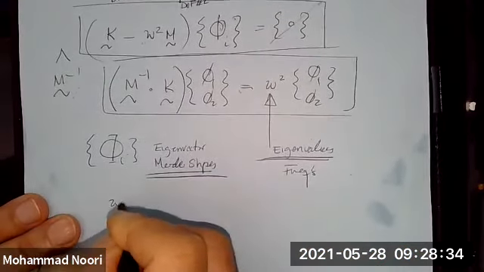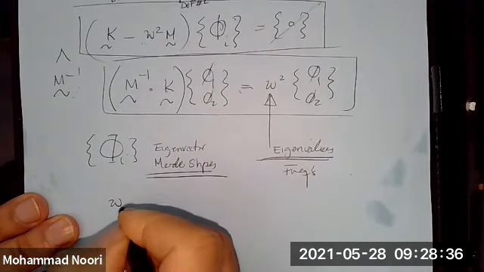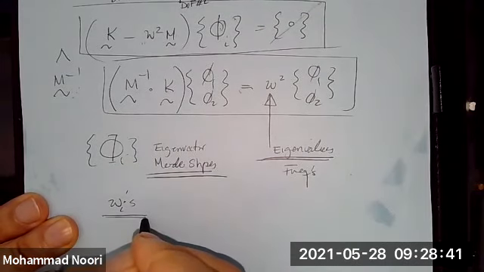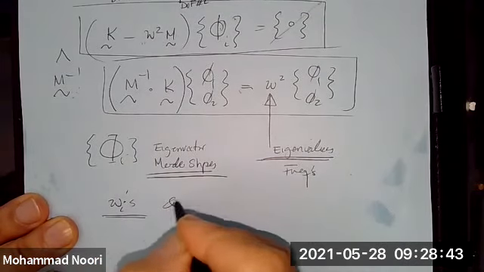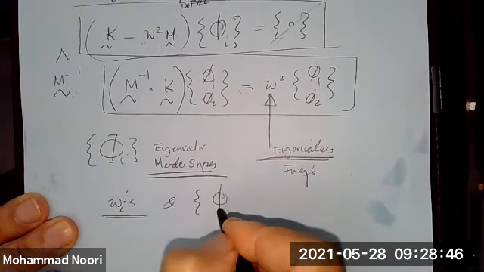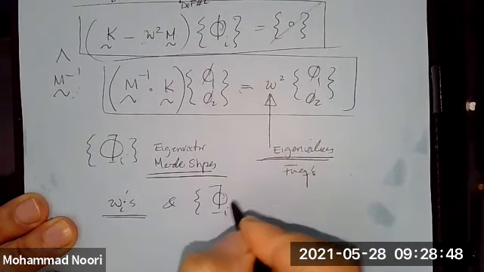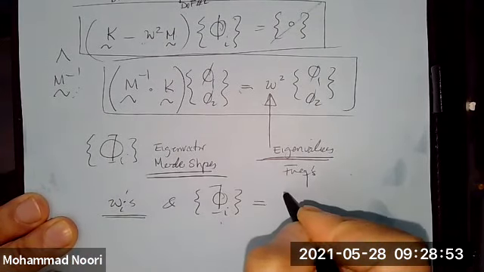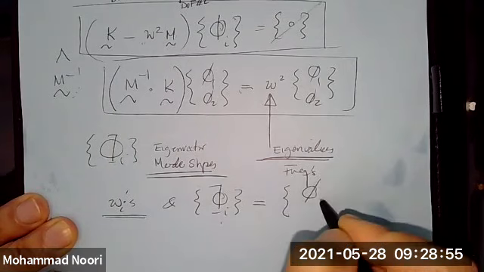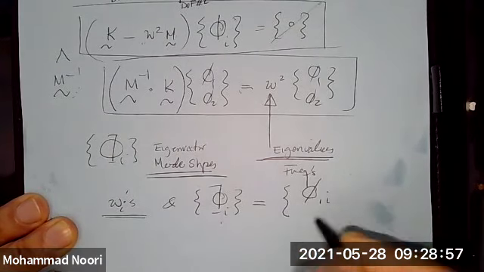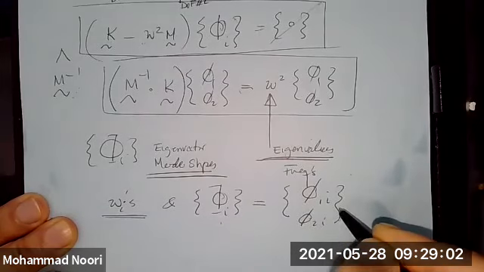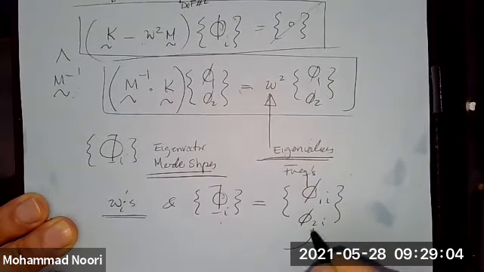So the problem of free vibration analysis comes down to finding these frequencies and finding the mode shape corresponding to each frequency. And the mode shape corresponding to each frequency has two elements. Okay. What are these two elements? As I said, this corresponds to the degree of freedom.